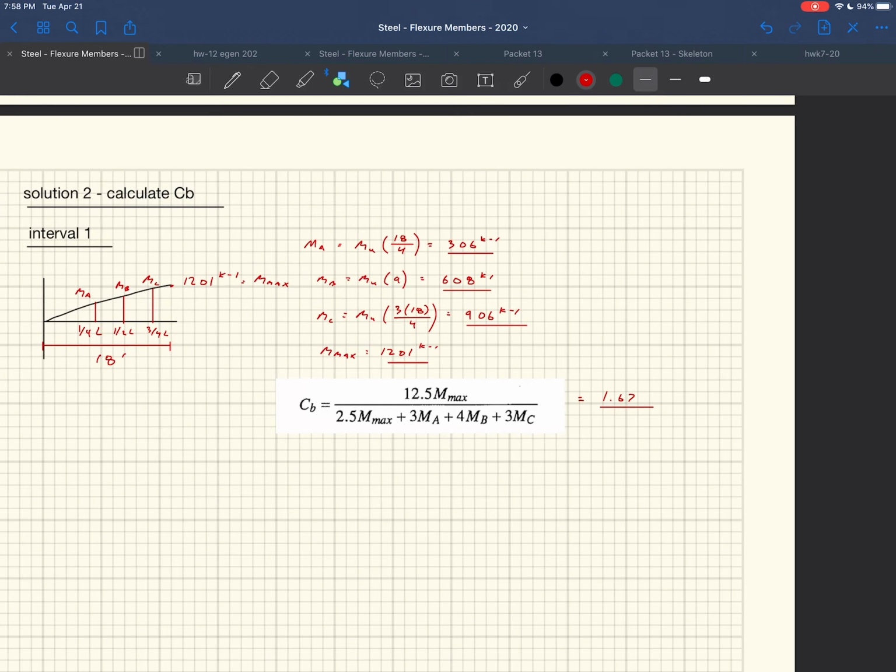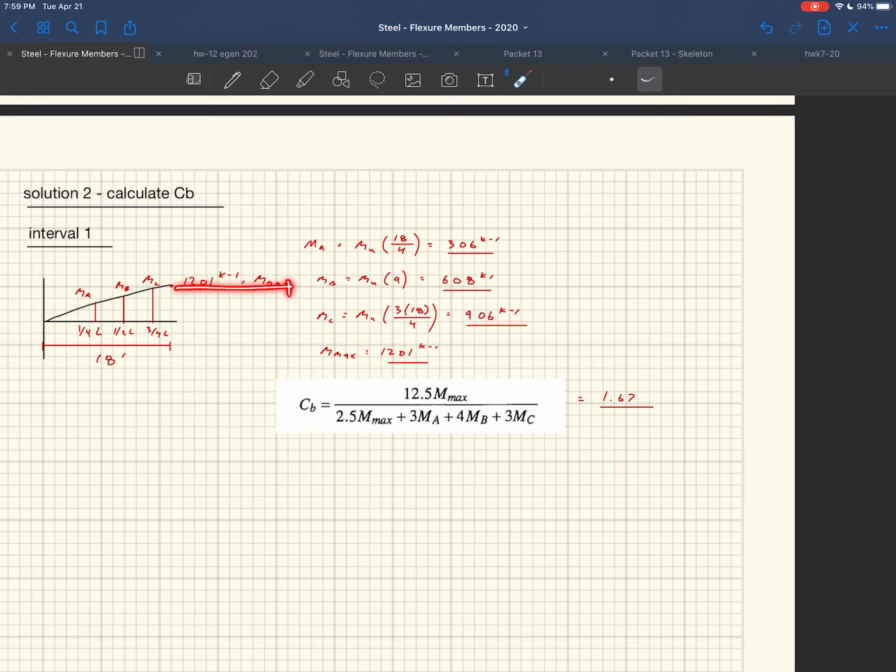So this case right here is not that severe, right? The compression in that flange starts out near zero, or it is zero at the very end, and then it works its way up to the worst case on the right.